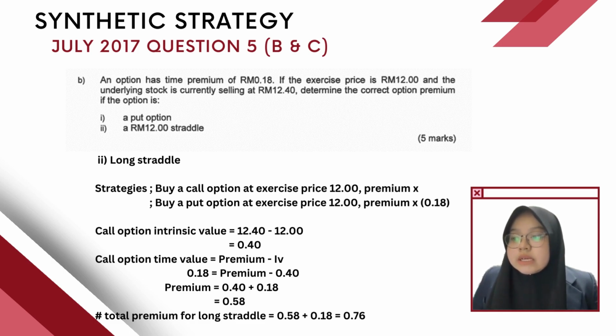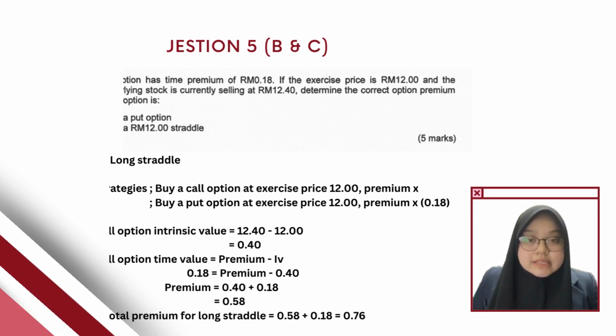Then we calculate the call option time value, which is premium minus intrinsic value. The answer is 0.58, so the option premium for long straddle is equal to 0.58 plus 0.18, and the answer is 0.76.